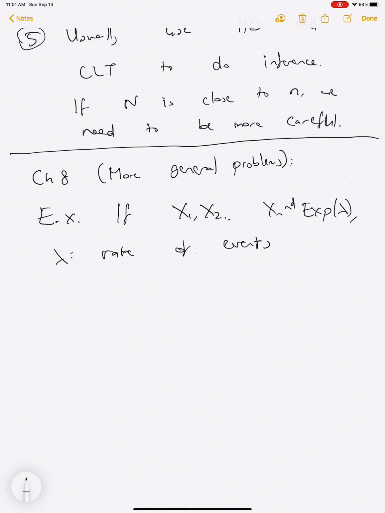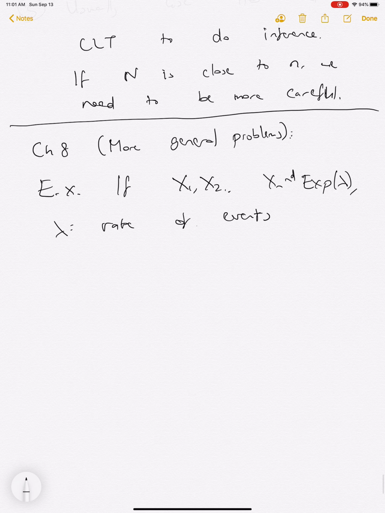In homework 1 you had questions about arrival processes which had exponential distributions. And so if lambda is the rate of events, how do we estimate lambda?